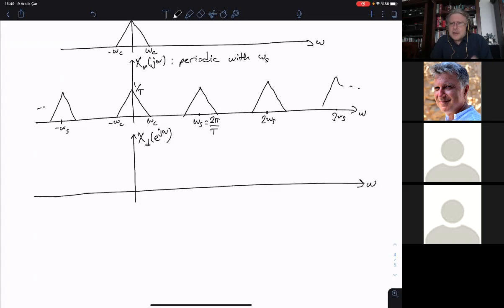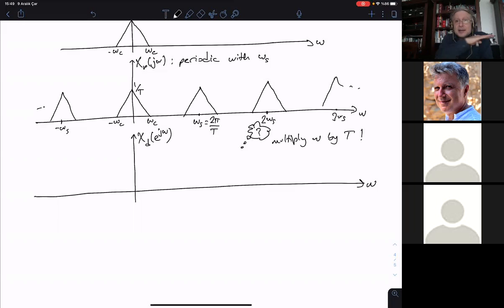So it is periodic. So why don't we just make x sub p of j omega as if it is 2 pi periodic? What is the thing that we have to do to make it 2 pi periodic? It was previously periodic with omega s. Omega s is 2 pi over capital T. So why don't I just multiply omega by capital T?